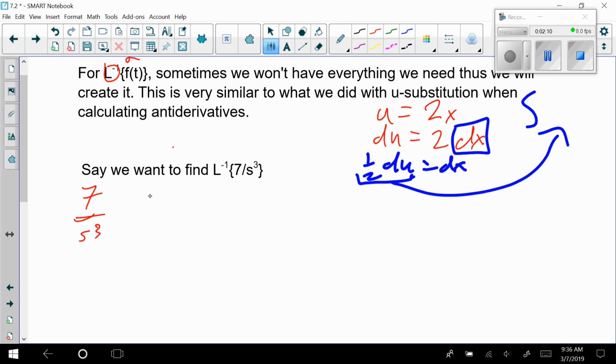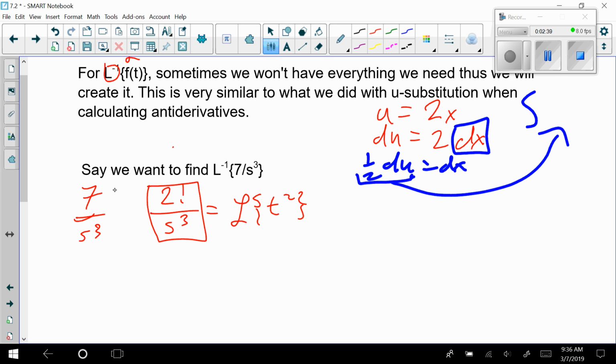I know this s cubed should be with a 2 factorial over s cubed. If it looks like that, then the inverse Laplace transform of that is t squared. I don't quite have this, because I don't have the 2 factorial sitting up top.